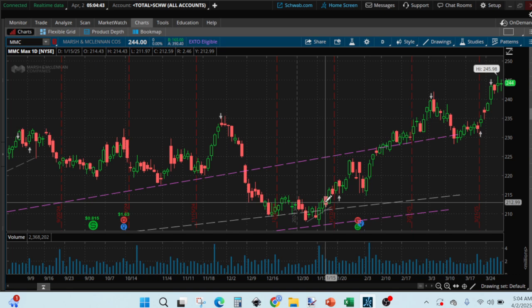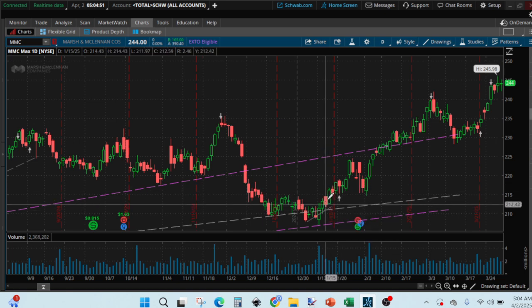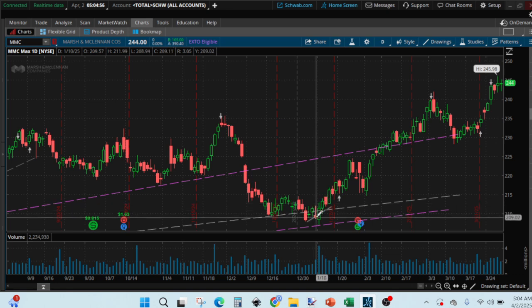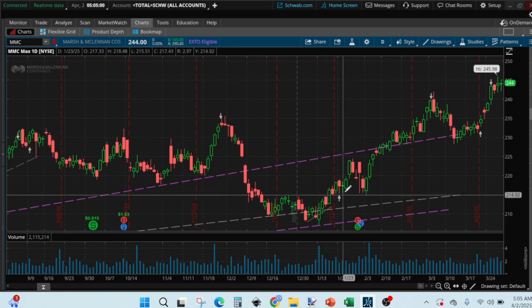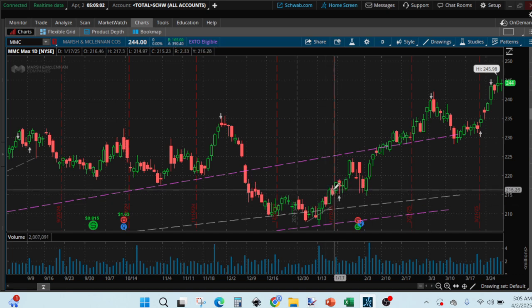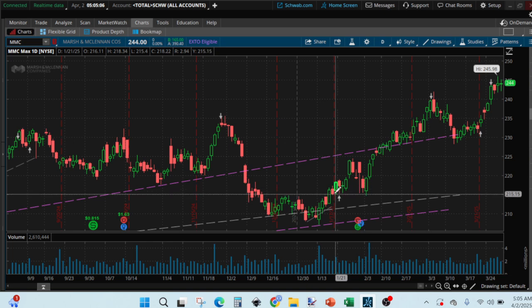The closing price was lower than the opening price, and for the green bar, the closing price was higher than the opening price, so the price went up that day. So the pullback was higher than this one, which was higher than this one, and this one was higher than this one. So the first green bar after this pullback is where we wanted to buy, or the second one.